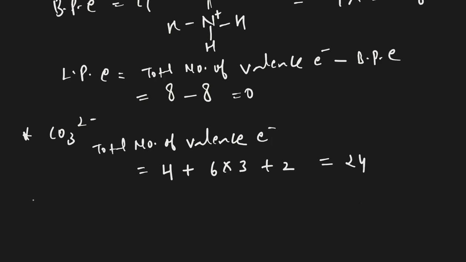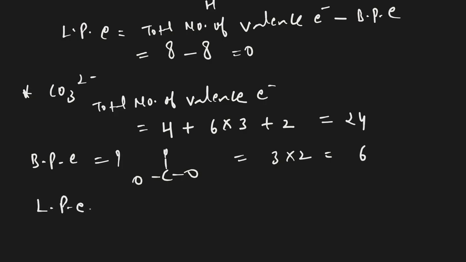Okay, how many bond pair electrons would be there? Carbon, oxygen, oxygen, oxygen. I'm not drawing the exact structure, I'm just showing you the single bonds. So bond pair electrons, whatever single bonds are there, 1 2 3 multiplied by 2, that is 6, right? So how many lone pairs are there?